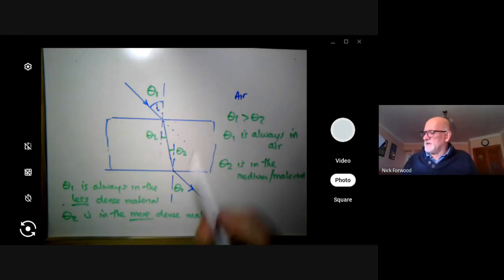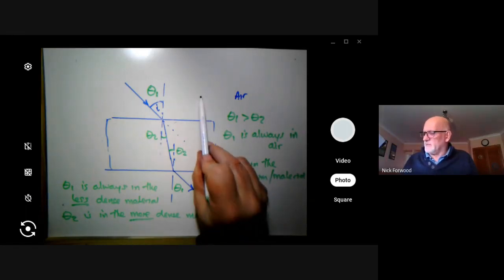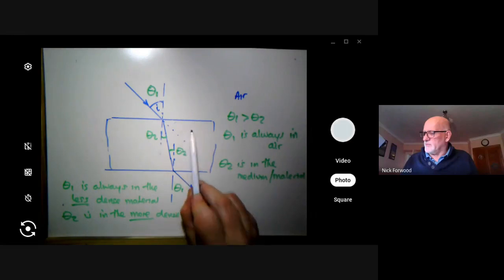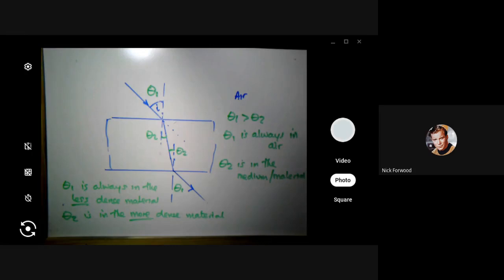So less dense, that could be air there, that could be glass, could be water, could be diamond, and you can think about it in terms of density as well. So air, theta 1, whatever the material is, and there's a whole list of materials.